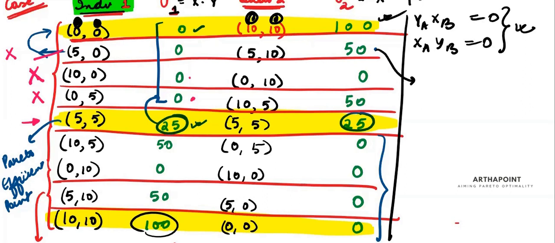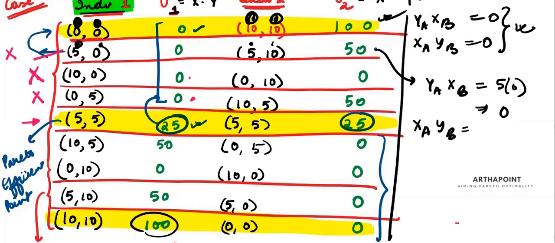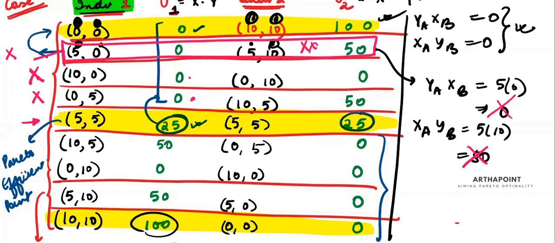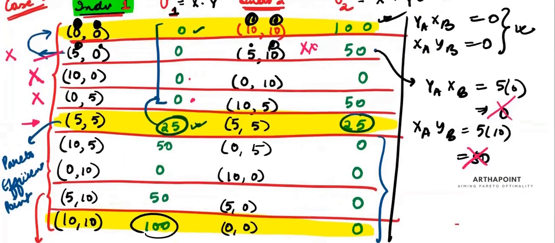Now do the same here. What will be YAXB? It will be 5 into 0, which will be 0. What is XAYB? It is 5 into 10, which is 50. These two are not equal, so this is not a Pareto efficient point. So we can use the equation of the contract curve.